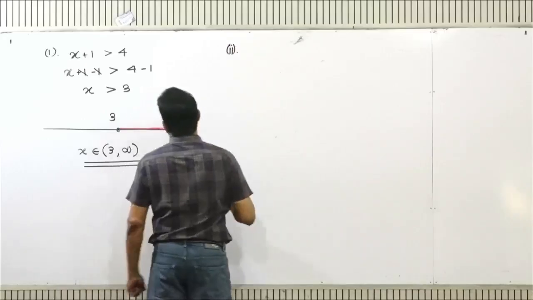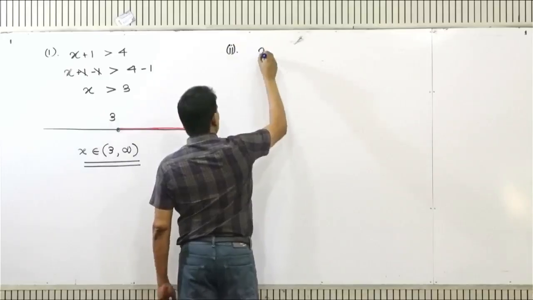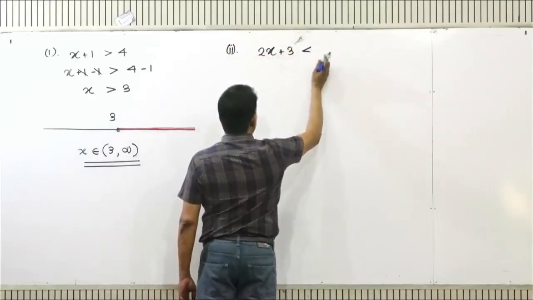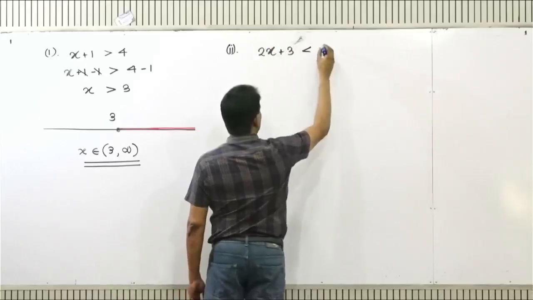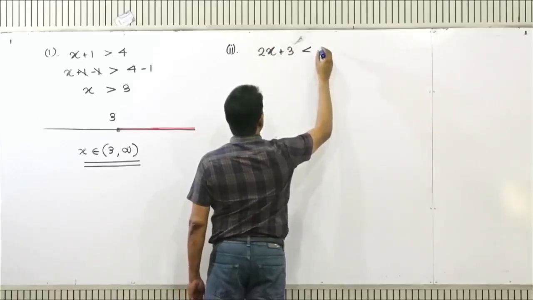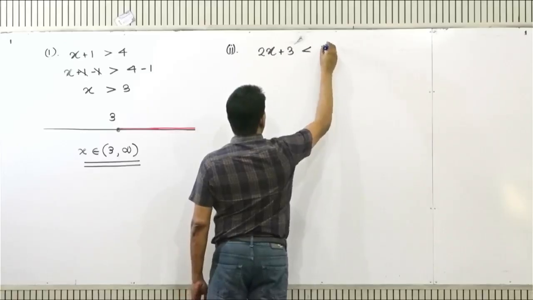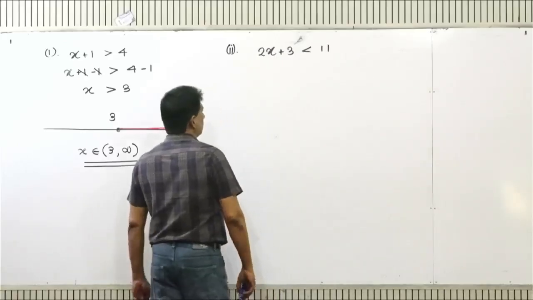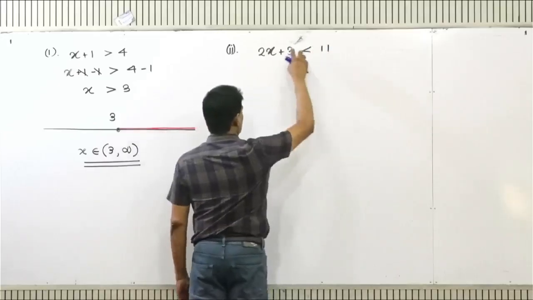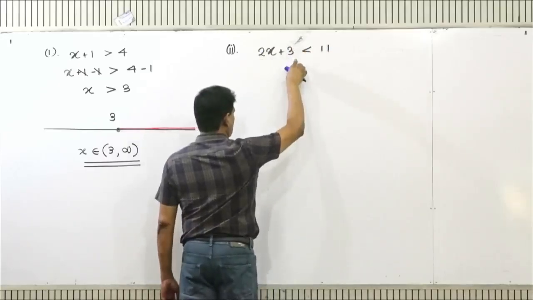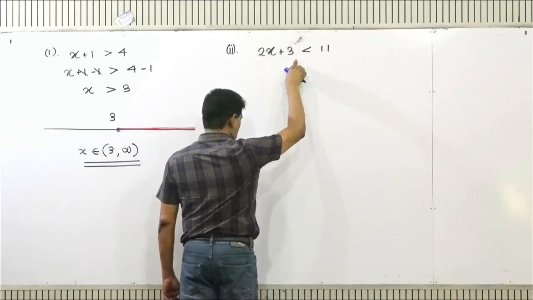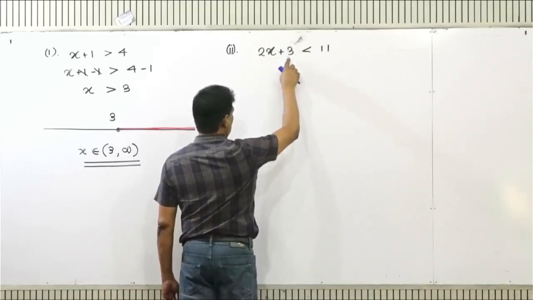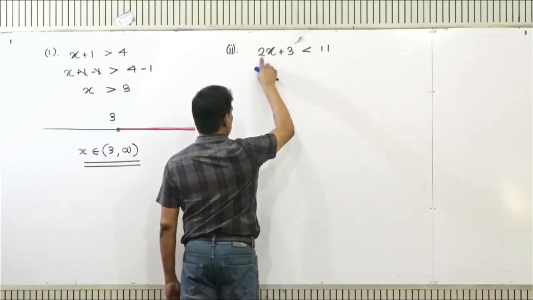Second one: 2x plus 3 less than 11. Now this is a constant, this is a linear function. So to solve this one, we have to make x the subject. To do that, we have to remove this 3 and this 2.